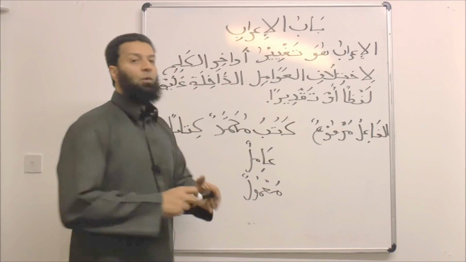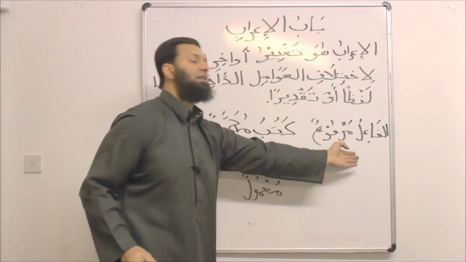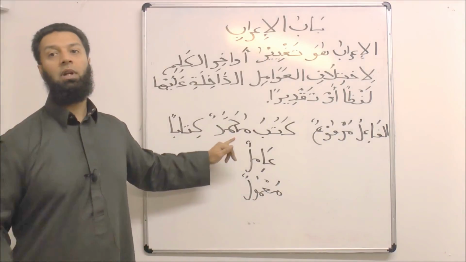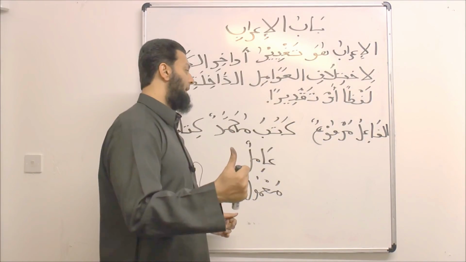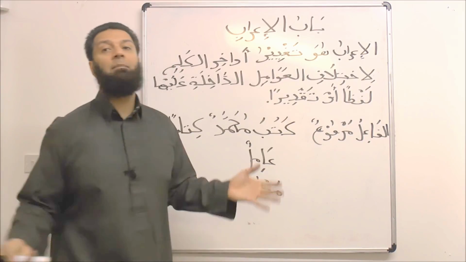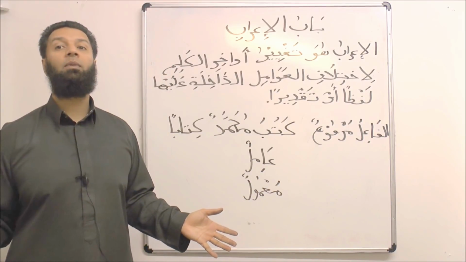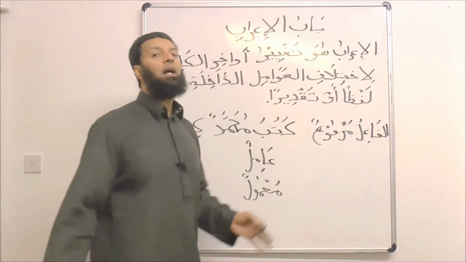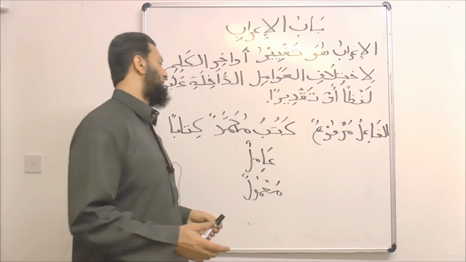So, we said that al-fa'ilu is marfu'un. So first of all, what has caused the fa'ilun to be marfu'un? Kataba. Why did the grammarian say kataba?